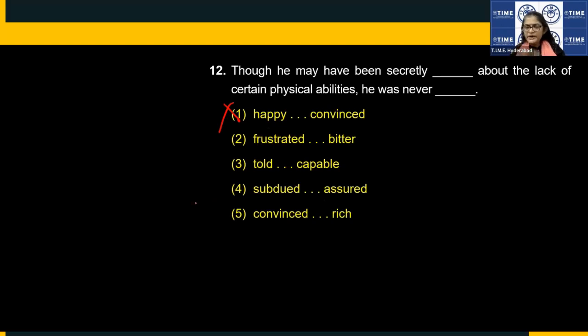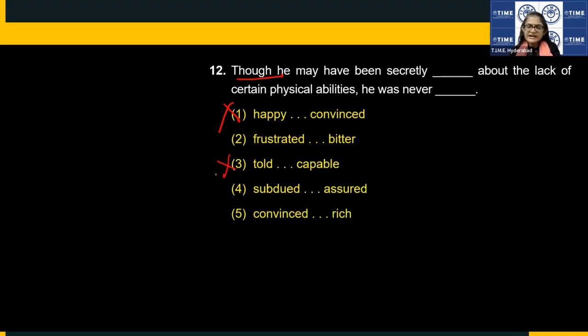He was never capable. Here the word is though, which indicates contrast. He may have been secretly informed that he lacks certain physical abilities, okay. And if he was never capable, then there is no contrast between those two parts, right? He lacks certain physical abilities and he is never capable. So though doesn't make sense here.